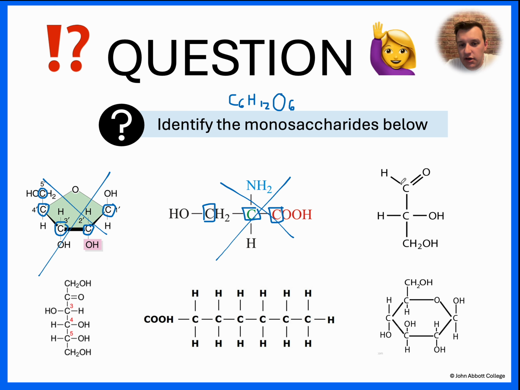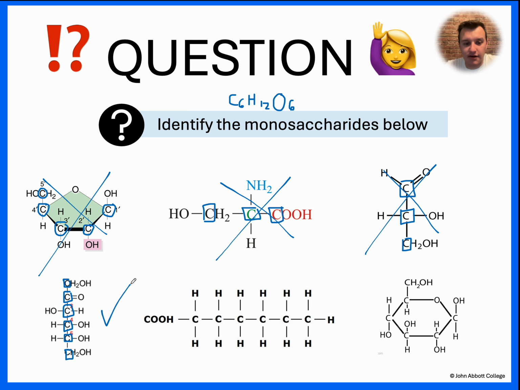Over here, I have 1 carbon, 2 carbons, 3. This is not a monosaccharide. Here I have 1 carbon, 2 carbons, 3, 4, 5, and 6, and there are probably 12 H's and 6 oxygens. This is going to be my monosaccharide, okay?